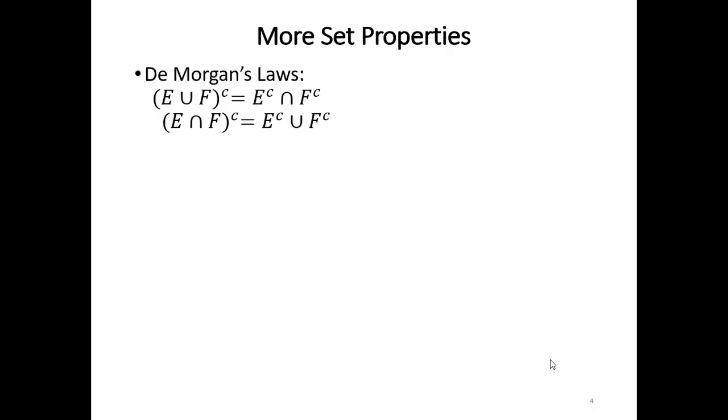A few more set properties. Very important property here is De Morgan's law, which says if you take the complement of the union, that's equal to the intersection of the complements. Okay, so notice you have to sort of interchange union with intersection here. And if you start with E intersect F, you take the complement of that, that becomes the union of the complements.